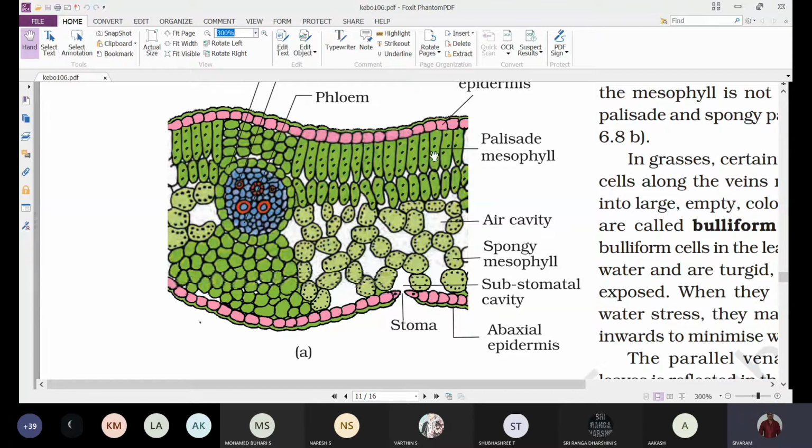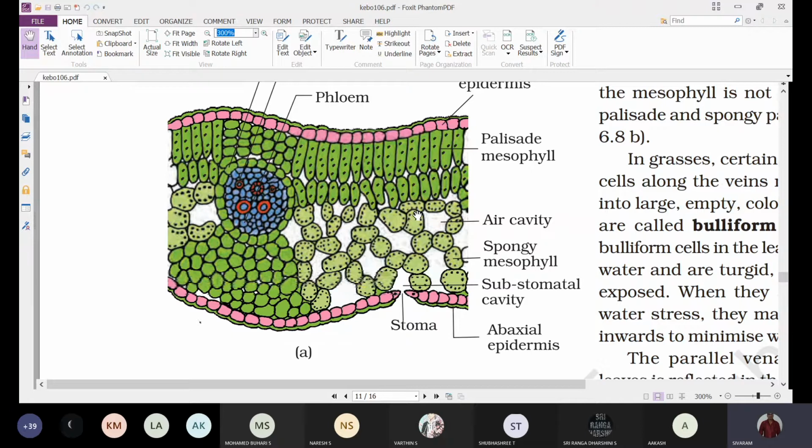And next, the tissue enclosed between the upper epidermis and the lower epidermis we call the mesophyll. When you observe this mesophyll, it is differentiated into two parts: the palisade parenchyma and the spongy parenchyma.